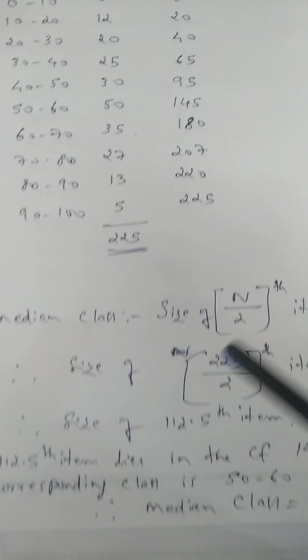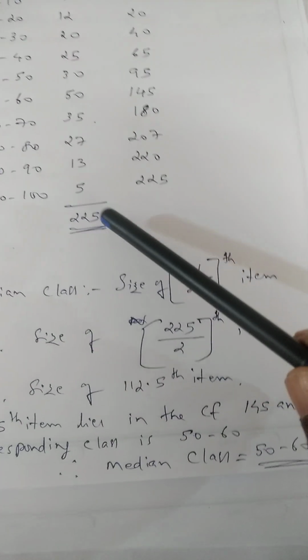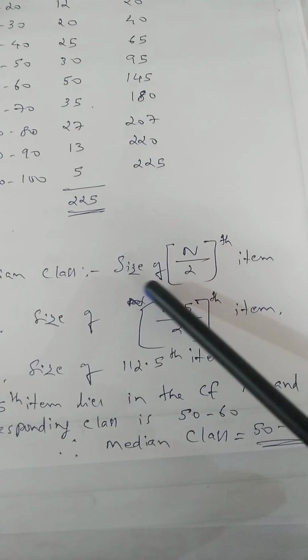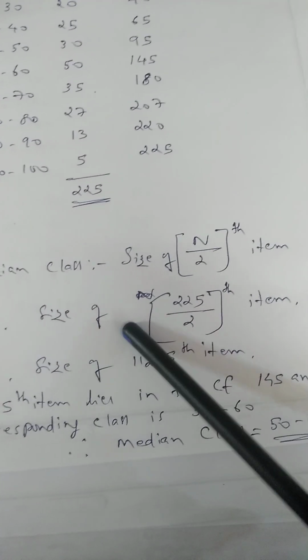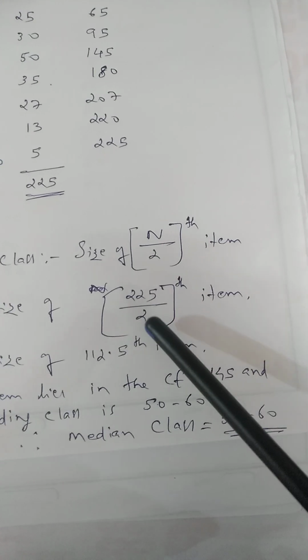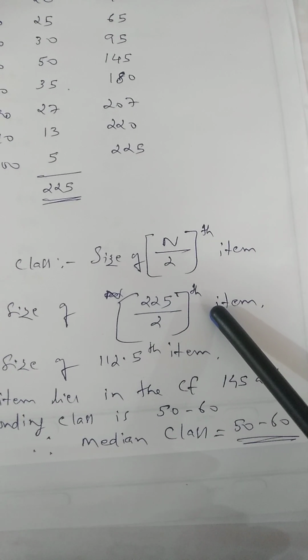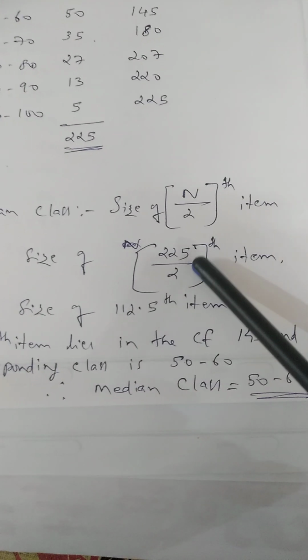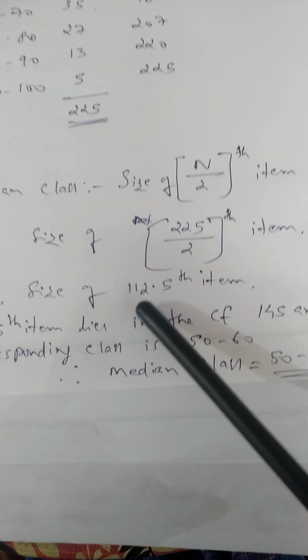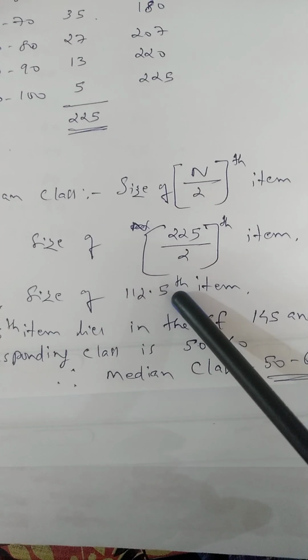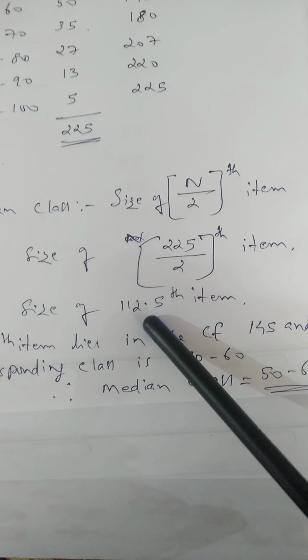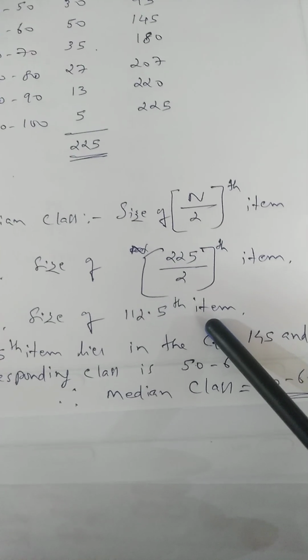Now we apply this value in this formula. Size of n by 2th item means size of 225 divided by 2th item. 225 by 2 gives 112.5, isn't it? So size of 112.5th item.